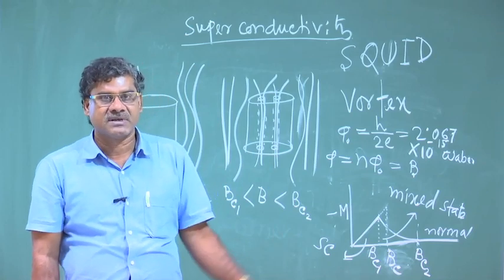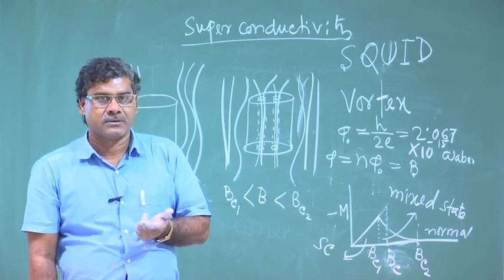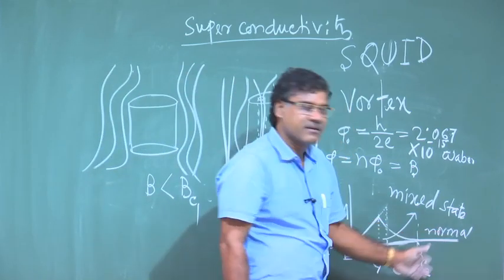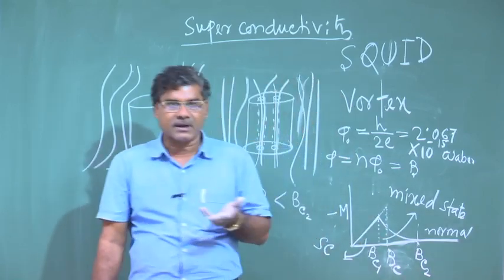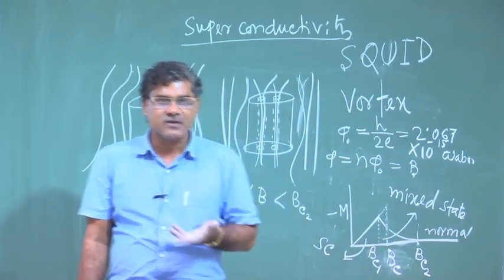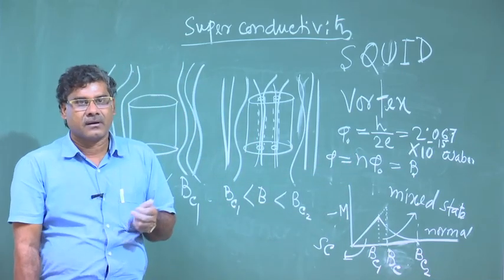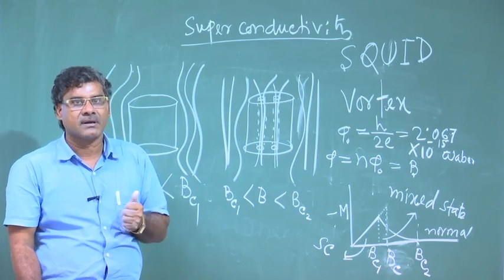Below this field we can use the superconductor. It will remain superconducting, although it is in mixed state, and that is sufficient for our purpose to produce the magnetic field.